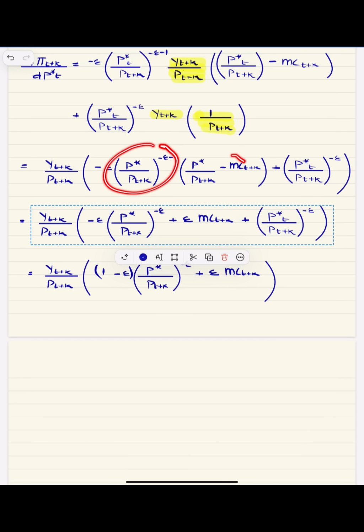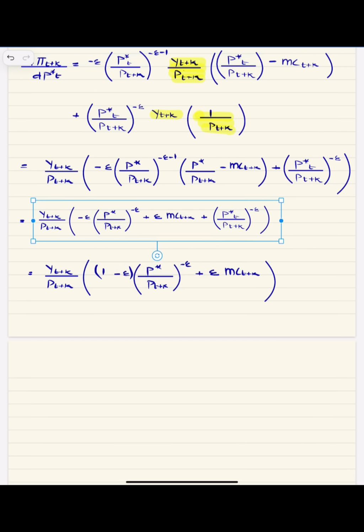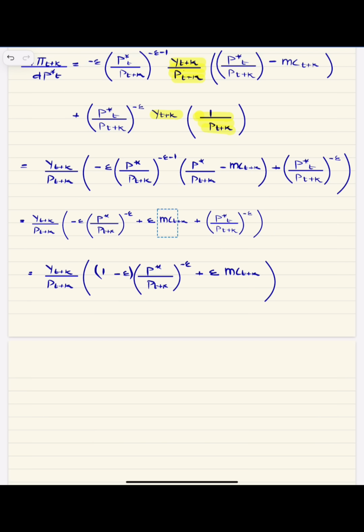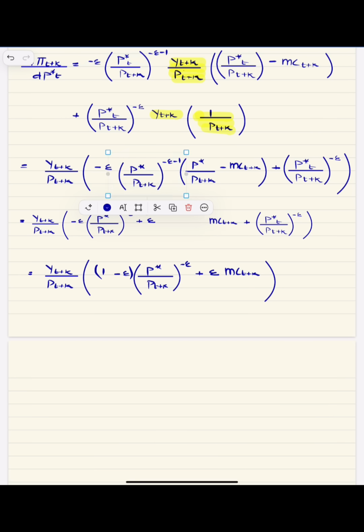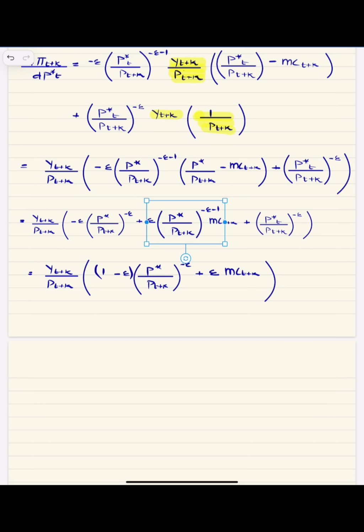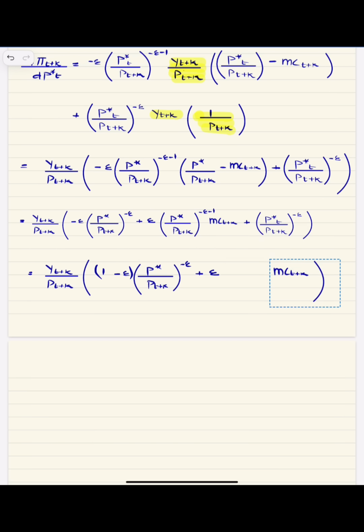Let me fit that in. E, because this whole thing multiplied by this, and this whole thing multiplied by that. So I just forgot this expression gets multiplied by marginal cost as well. Okay, thank God, not too big of a mistake, and I got it on time.